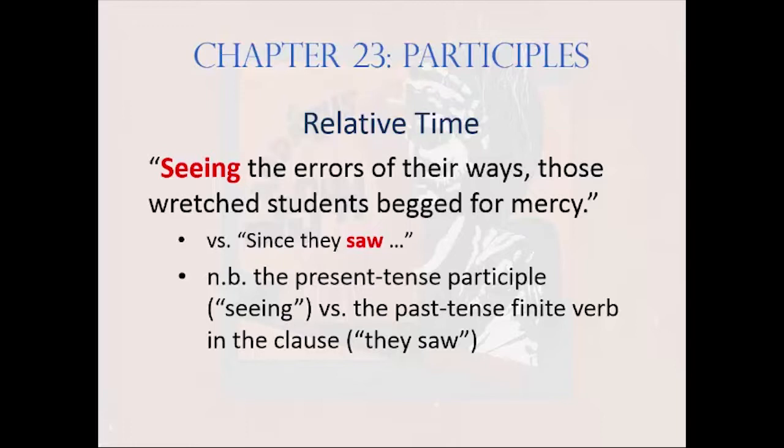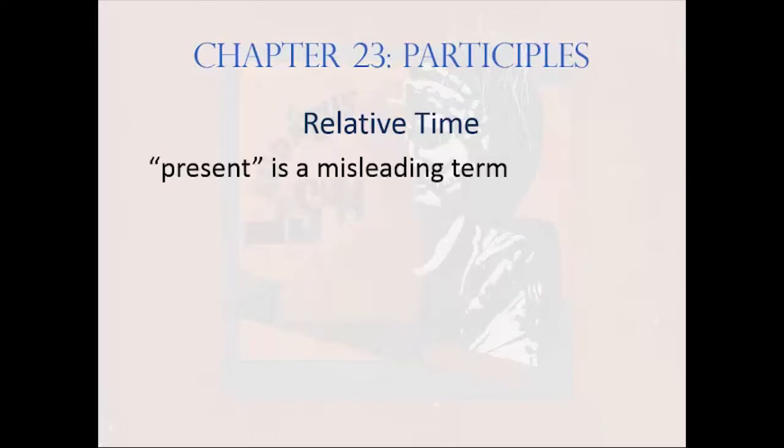That's not a mistake, nor even really a change of tense, because present participles are not necessarily always happening in present time. Present is a misleading and badly chosen name.